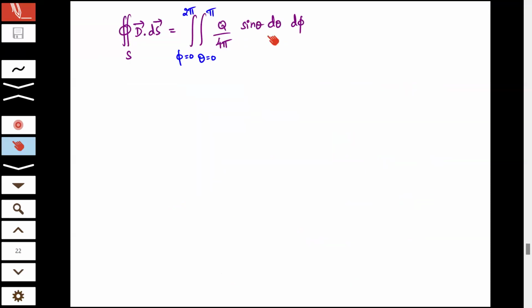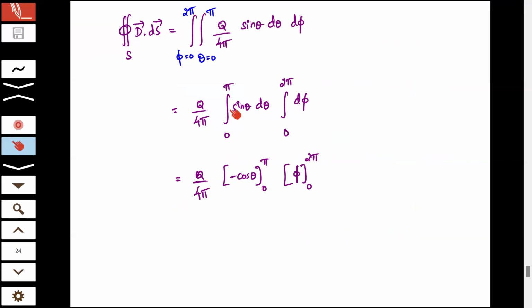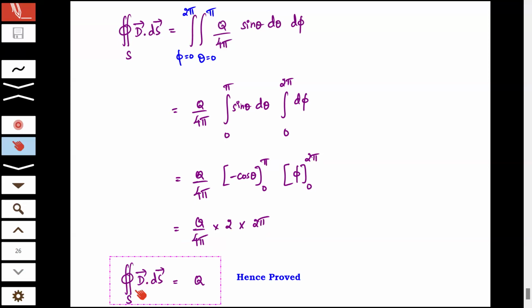Integration of that integrand with the variables theta and phi gives the evaluation of D dot ds over the closed surface. Integration of sine theta will give minus cos theta, applying the corresponding limit for theta. And integration of d phi is phi, with the proper limits of phi we will get the value of D dot ds integration over the closed surface equal to charge Q, which is proving the statement of Gauss' law.